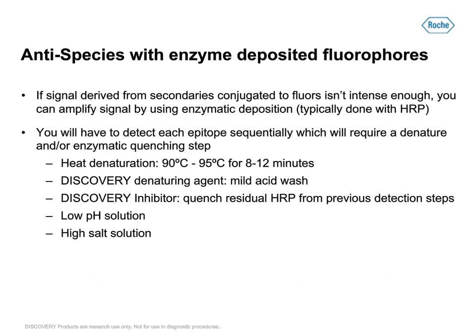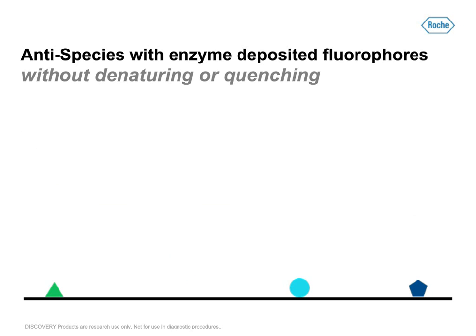If you were to forego any of those previously mentioned methods, what would happen essentially is you come in with your first primary, and you would detect that primary with your secondary that's conjugated to an HRP, and then that would turn over your first fluorophore.